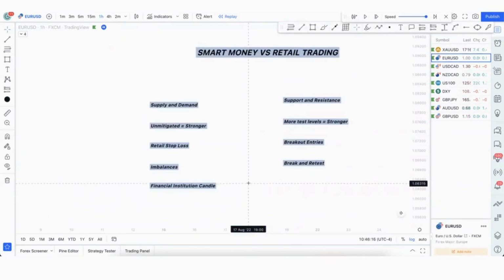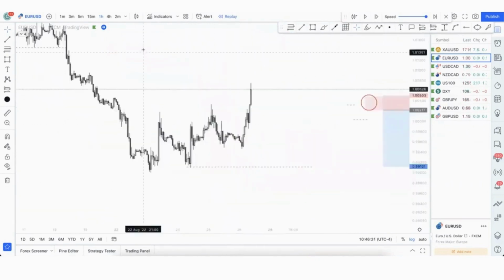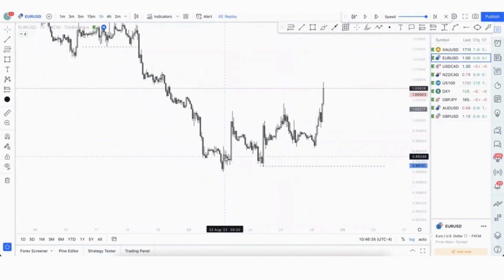The last concept for smart money is imbalances. Imbalances also help us know where the banks are going to take the price in the next few months or years. Just like here in the chart, we noticed that this impulsive move to the upside is an example of imbalances.